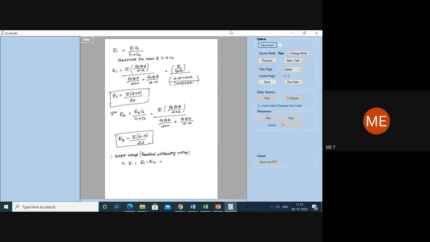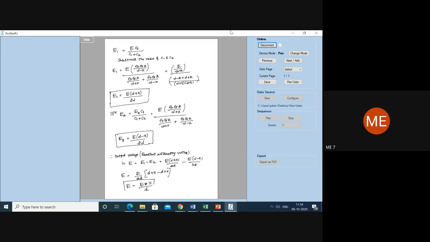E1 is E into d plus x divided by 2d, minus E into d minus x divided by 2d. If I take E by 2d outside, it becomes d plus x minus d plus x. So the value of E is going to be E into 2x divided by 2d, the d's get cancelled, so it becomes x divided by d.